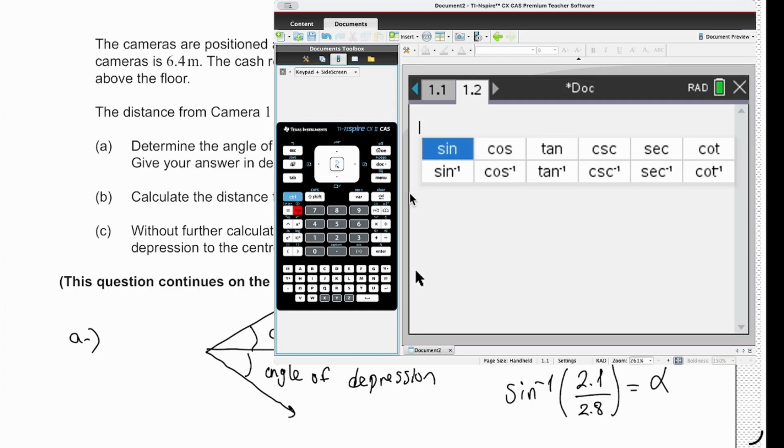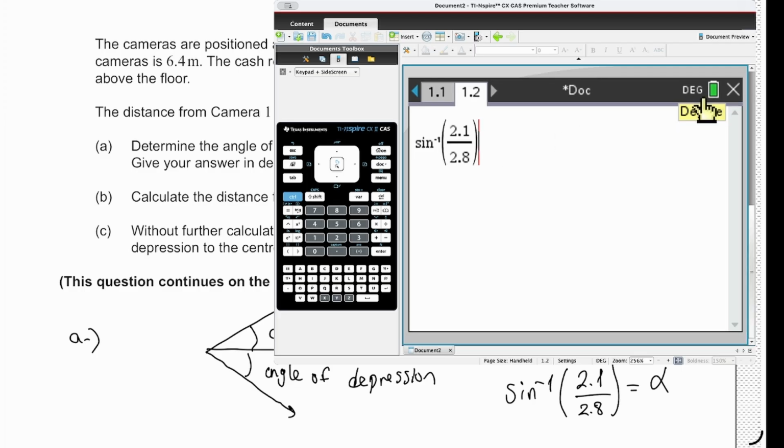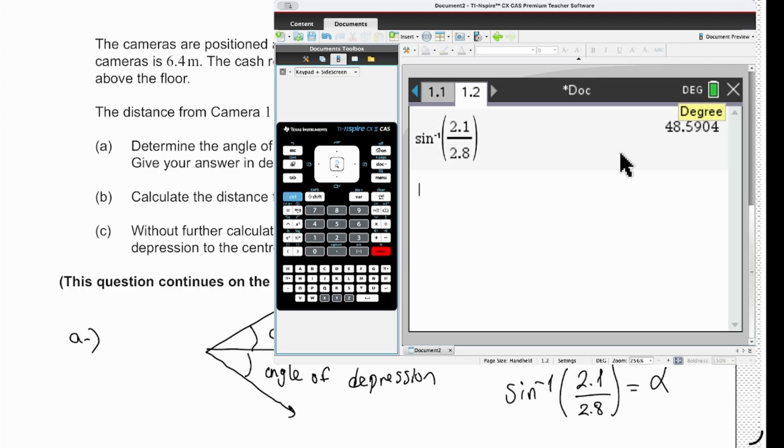Trig, sine inverse 2.1 divided by 2.8, and close the brackets. And okay, our calculator is in radian mode, so it's going to give us radians. So let's change it to degrees, then click enter. 48 point. Why do we change it to degrees? Because we're going to find an angle, right?